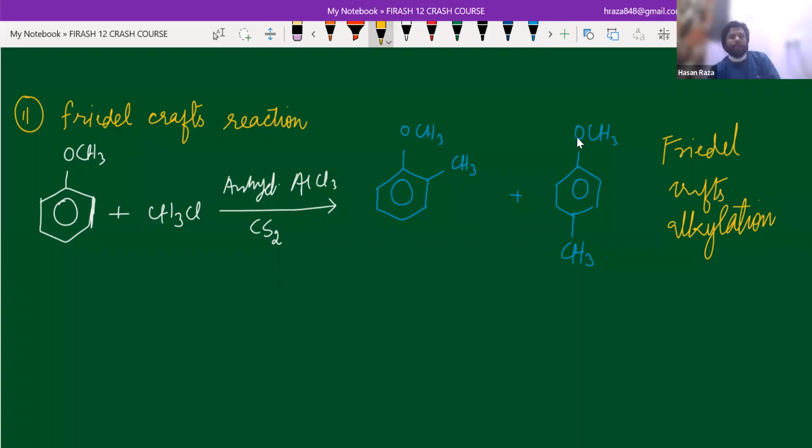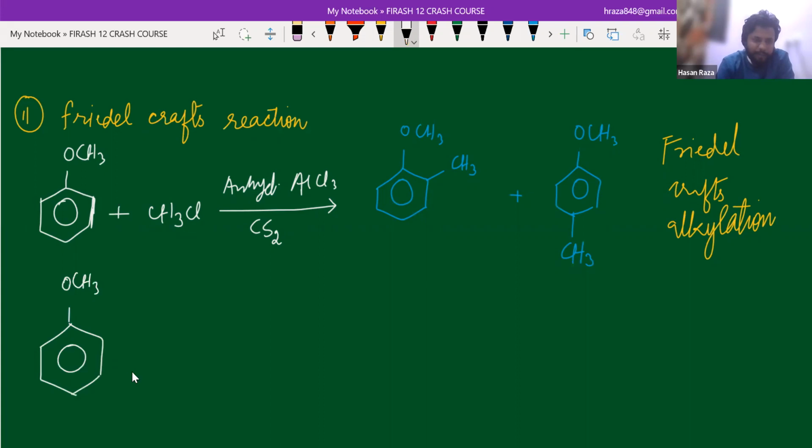And for Friedel-Crafts acylation, that means an acyl group will be added. Anisole will be reacting with acyl halide. This is your anisole reacting with CH3COCl in the presence of anhydrous AlCl3. Then addition of acyl will take place, or a ketone will form.